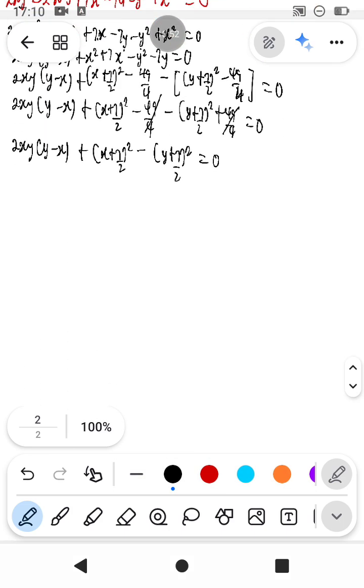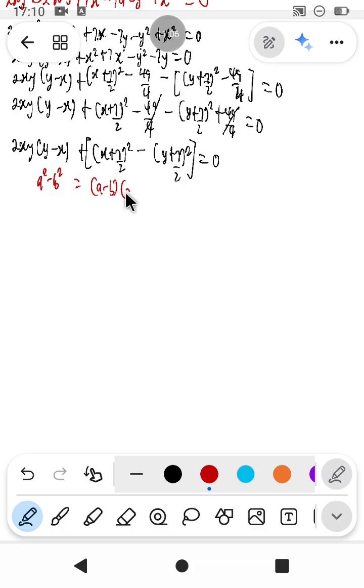Okay, so let's move on. So what are we going to do next now? Remember from your difference of two squares, if you have a squared minus b squared, this is going to give us (a minus b) multiplied by (a plus b). So we can do the same thing here.